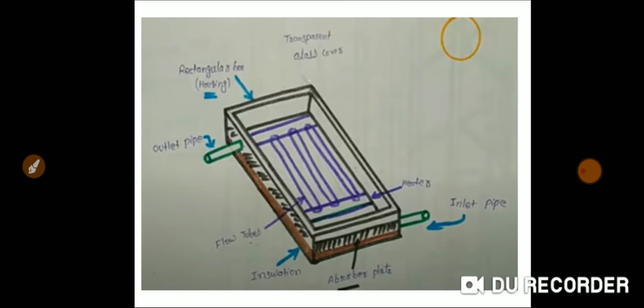So copper tubes get hot by absorbing the heat from the sun, and the water that is present inside this tube becomes hot. So the temperature of water will go high. After that, this hot water is stored in this heater, and after 48 hours we open this outlet pipe, and all the water that is present in this system will leave from this outlet pipe, and we get hot water.